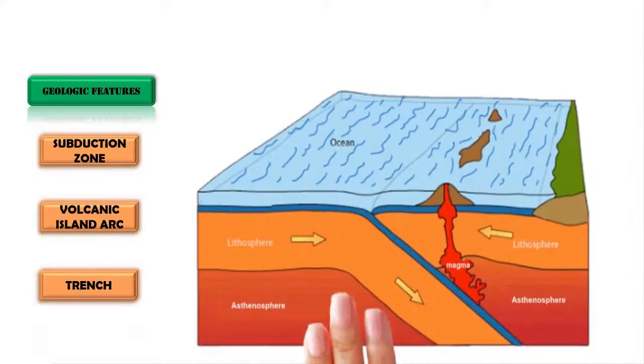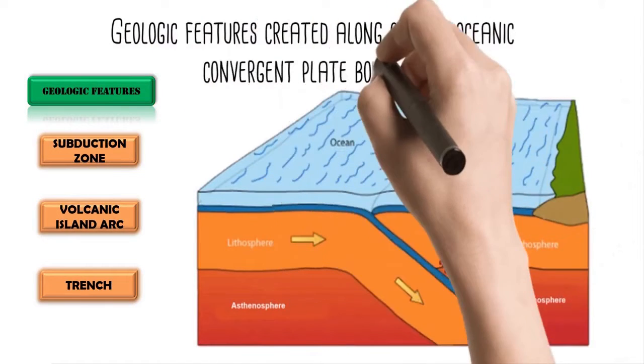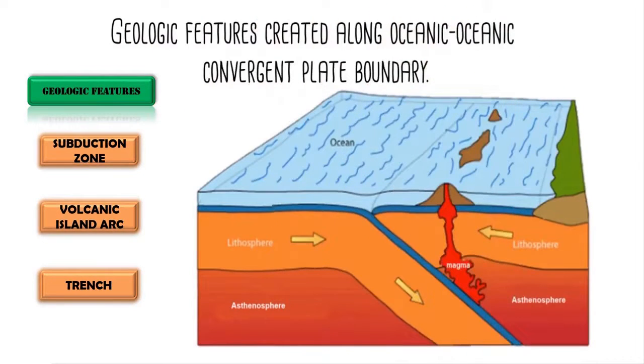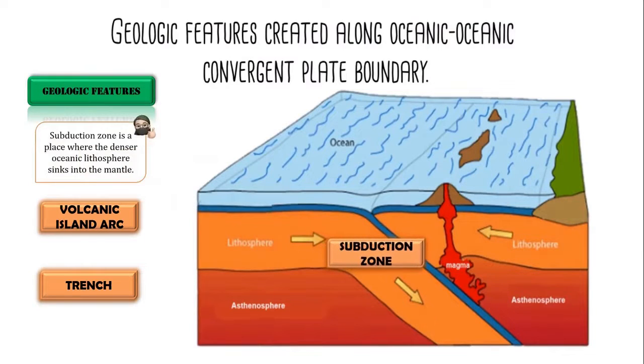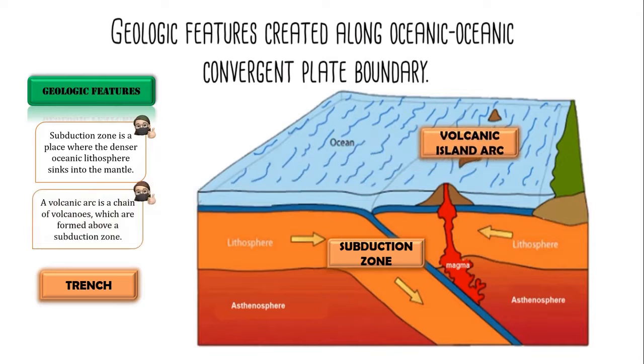Again, let us study the different geologic features created along oceanic-oceanic convergent plate boundary. First, the subduction zone. Subduction zone is a place where the denser oceanic lithosphere sinks into the mantle. We also have the volcanic island arc, which is a chain of volcanoes formed above a subduction zone.